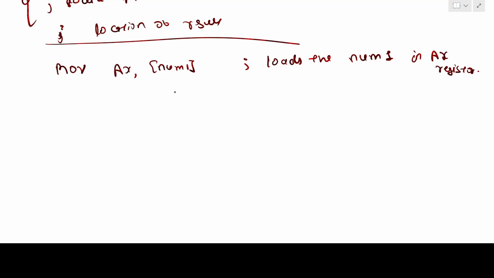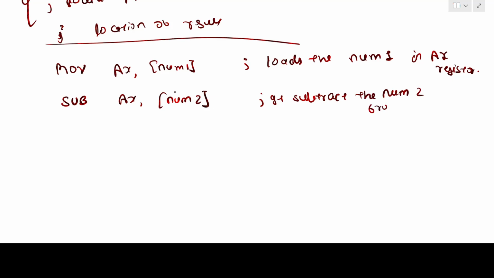The second line is sub ax, num2. This command will subtract num2 from ax. So this is a simple code that we have written.